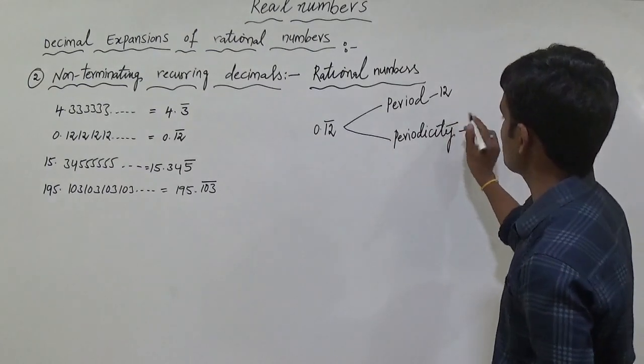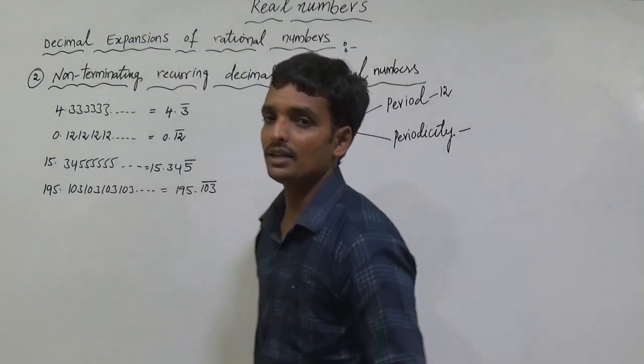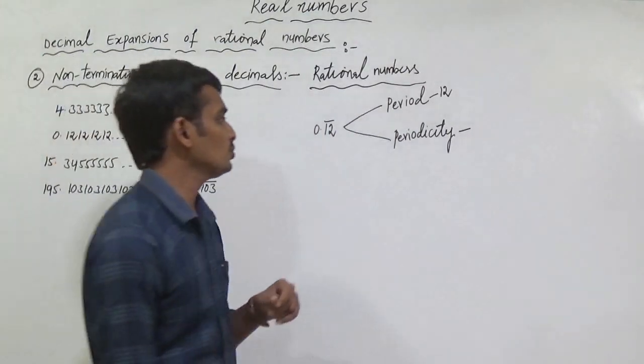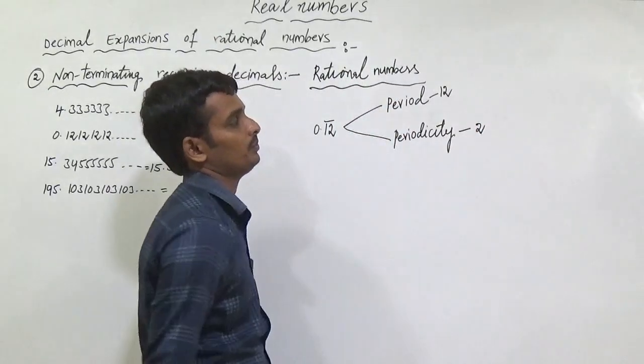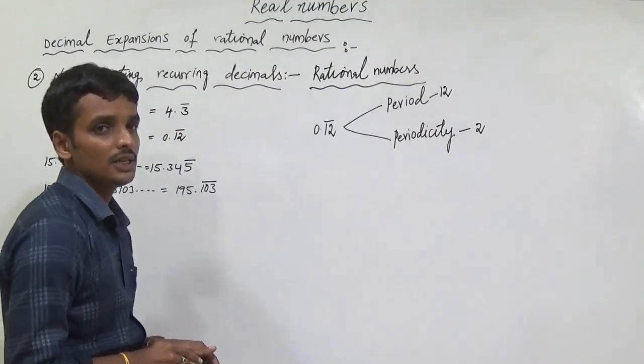The number of digits under the bar: how many digits are under the bar? Two. That is the periodicity, 2. The period is 12. The periodicity is 2.